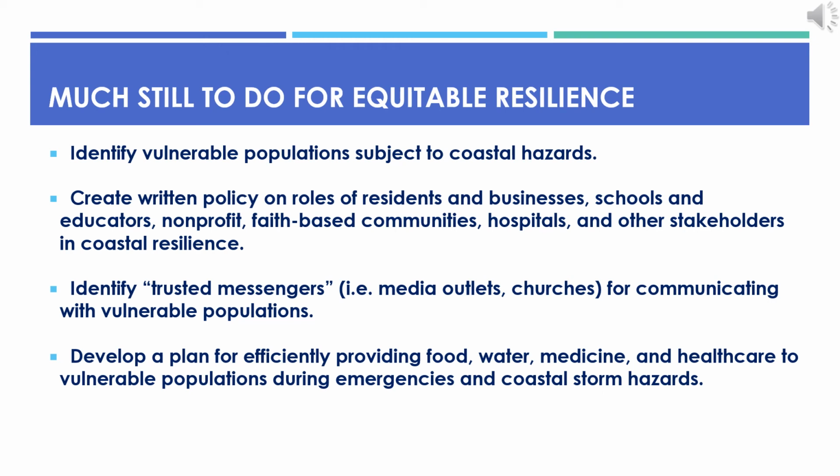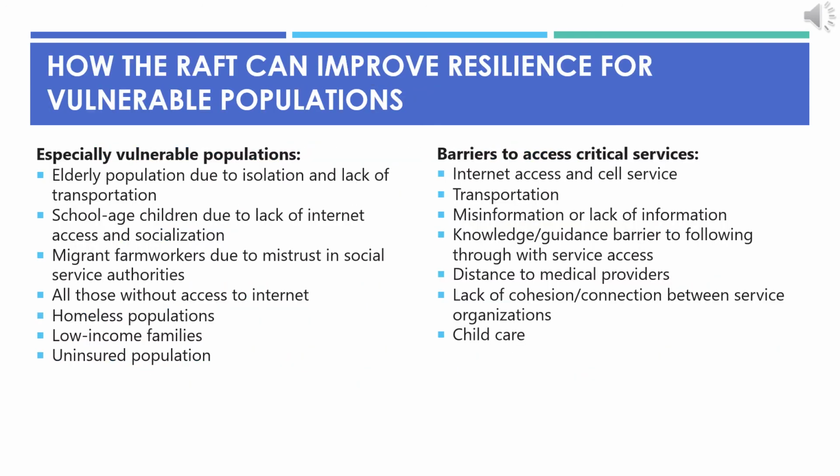Effective community engagement and public communication about resilience also requires identifying trusted messengers for communicating with vulnerable populations. Similarly, plans are needed for efficiently providing water, food, medicine, and healthcare to vulnerable populations during emergencies and coastal storm hazards. Our work is not done.